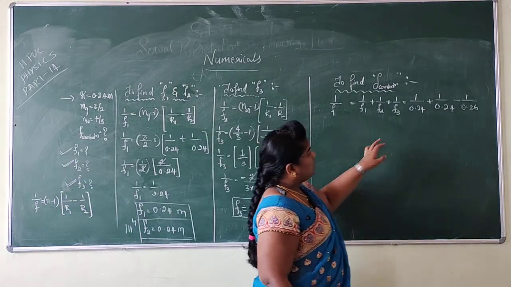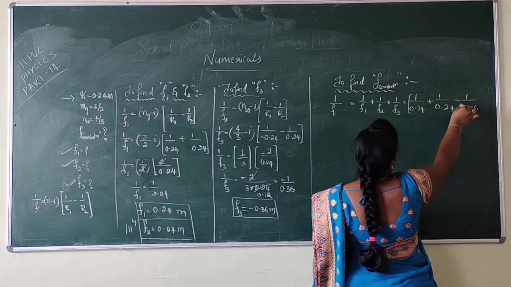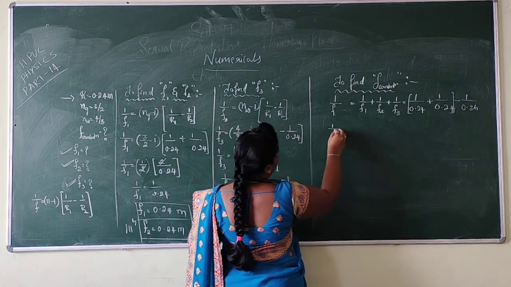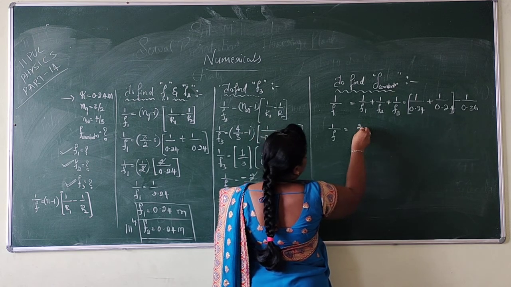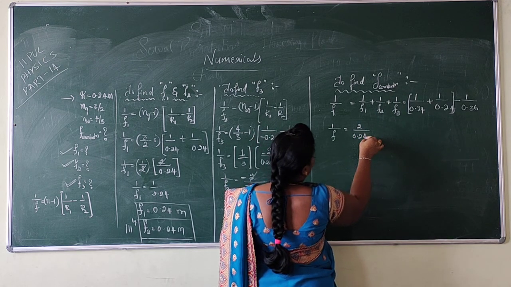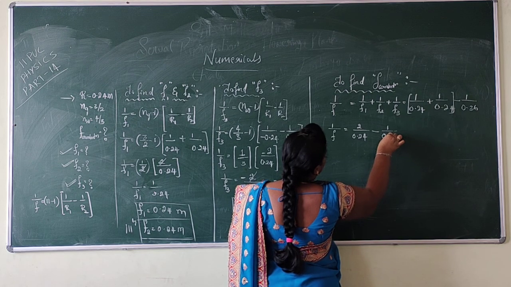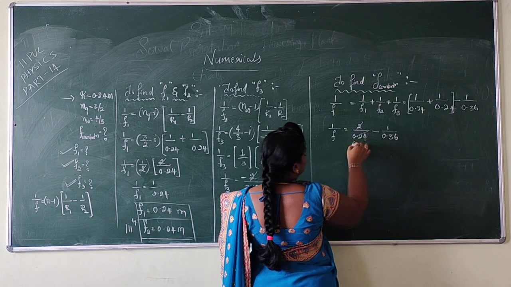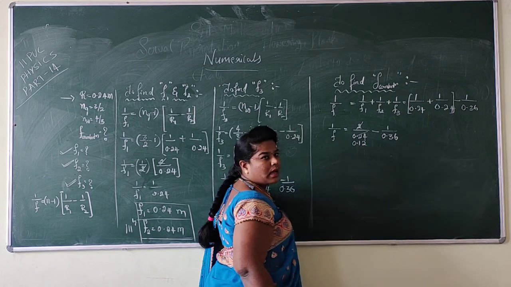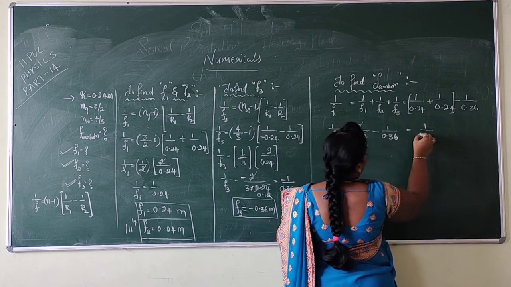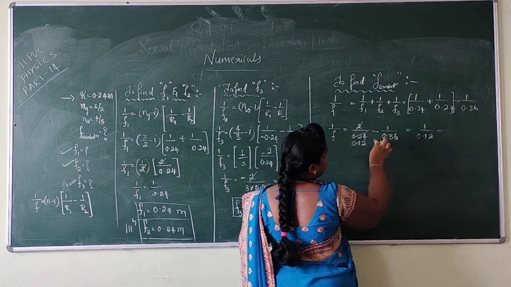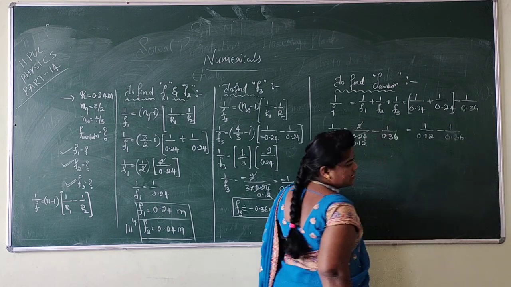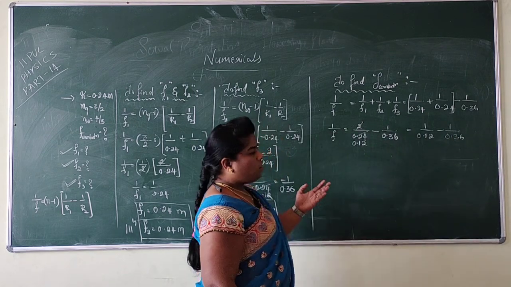Then see here 1 by 0.24 plus 1 by 0.24, it is equal to 2 by 0.24, right? See, 2 divided by 0.24 minus 1 divided by 0.36. Now 2 ones are 2, 0.12 are. See here you can write that 1 by 0.12 minus, I am coming here, minus 1 divided by 0.36, right. ಬಟ್ ಇಲ್ಲಿ ಕಾಮನ್ ತಗೋಬೇಕು.